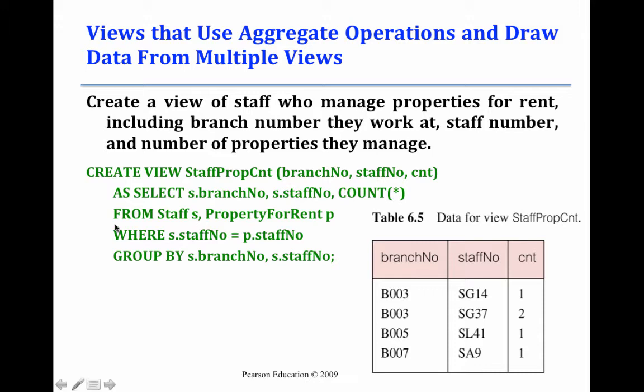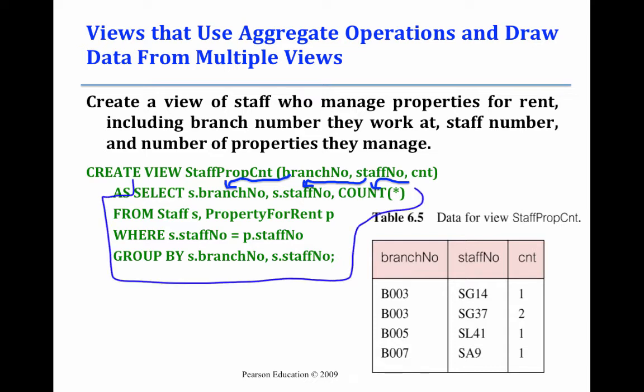So we create view, name it. Now in parentheses, we can create custom names for the columns, and each of them matches one of the column names in the defining query. So this is called the defining query right here.